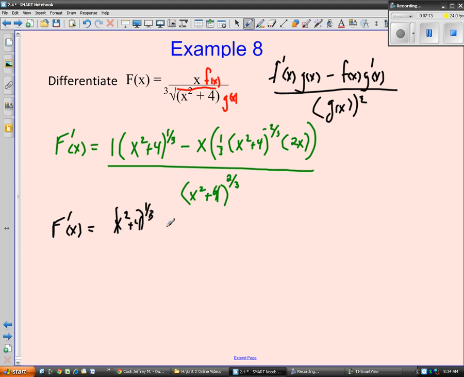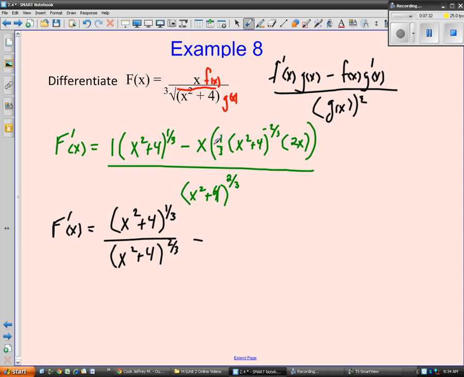Let's try that again. x squared plus 4 to the 1/3 power is going to be over my x squared plus 4 to the 2/3 power.